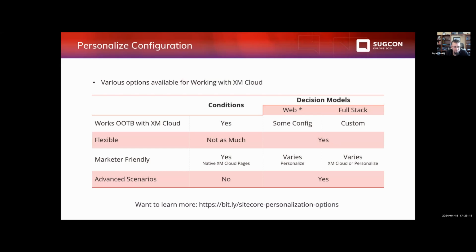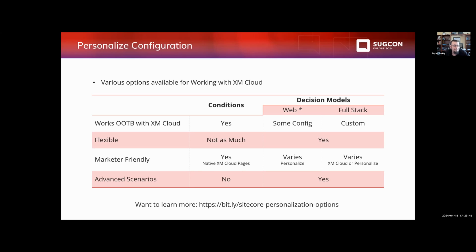So there's various ways. I spent quite some time on this because I wanted to do it one way for this demo, but there are various ways to achieve this if you have Sitecore Personalize alongside XM Cloud. There are conditions, which are fantastic. They work great with XM Cloud pages. Unfortunately, they don't really work in all use cases.